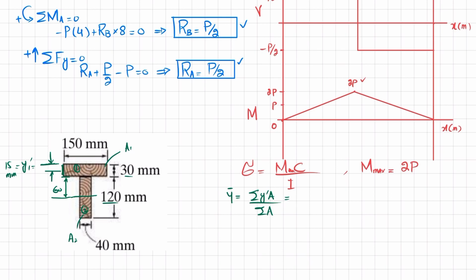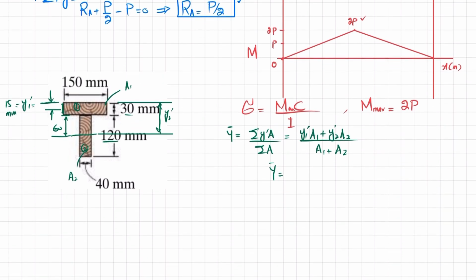So y2 dash will be from this line till this center. So y bar will be equal to y1 dash into A1 plus y2 dash into A2, divided by A1 plus A2. So this will give you the neutral axis.